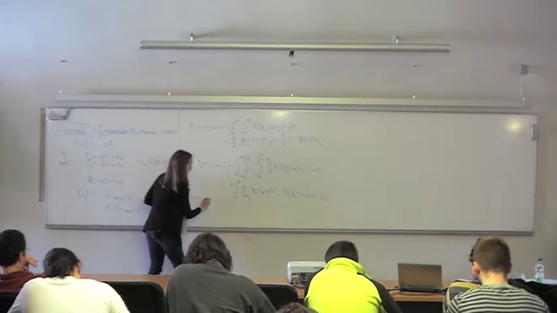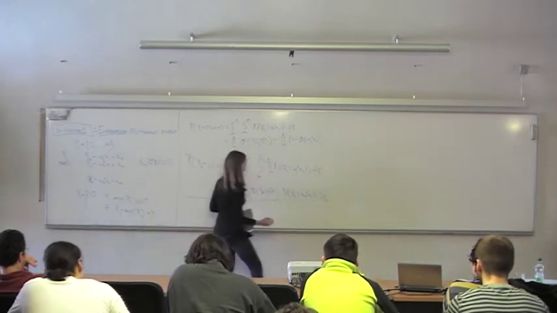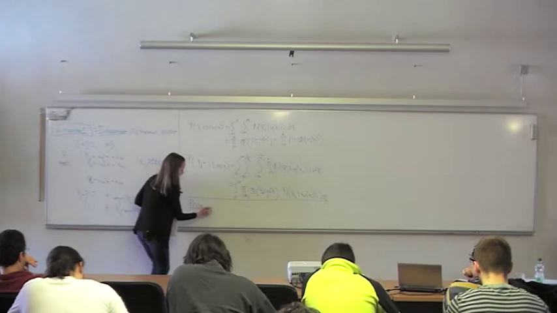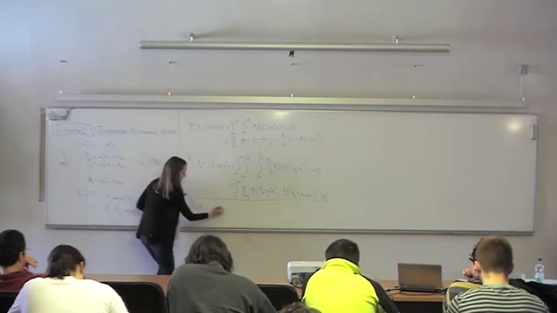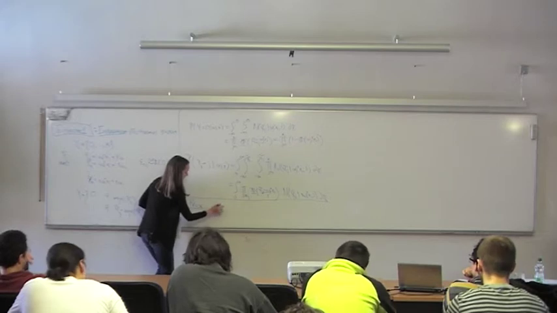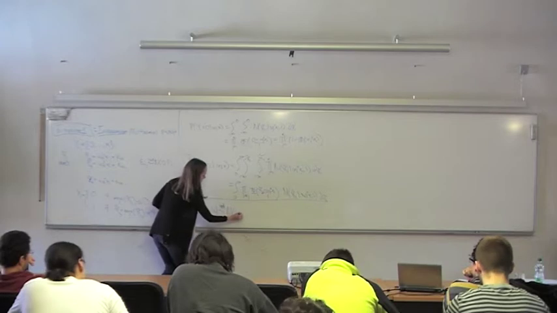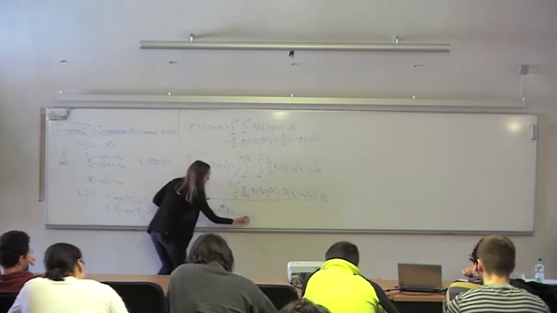Okay, so now we need a prior on W. For our prior on W, we'll just take the Wj to be IID normal W0, sigma 0.